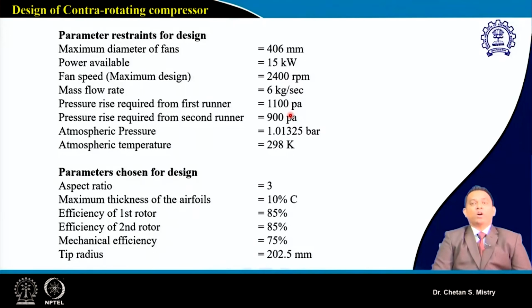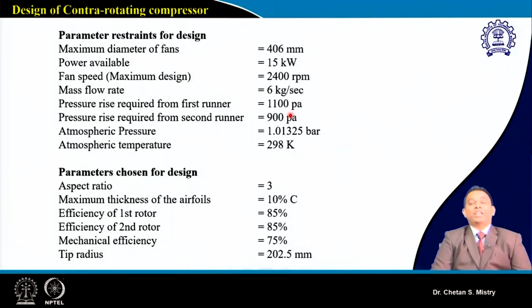For our design, we have taken the total pressure rise for the stage by both the rotors as 2000 Pascal. Based on experience and confidence level, we have assumed rotor 1 to be highly loaded, and we have taken 1100 Pascal for rotor 1, and we are expecting a total pressure rise for rotor 2 of 900 Pascal.